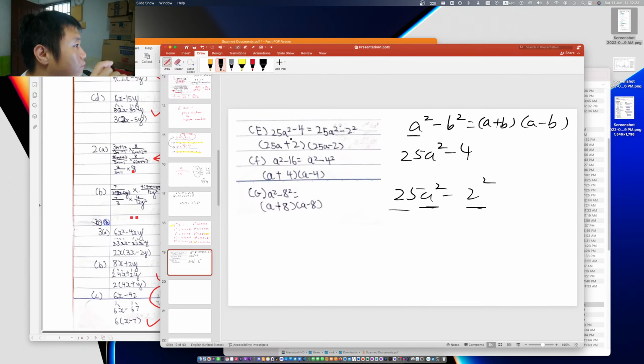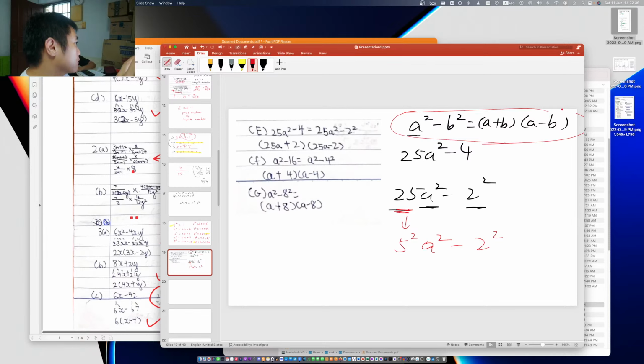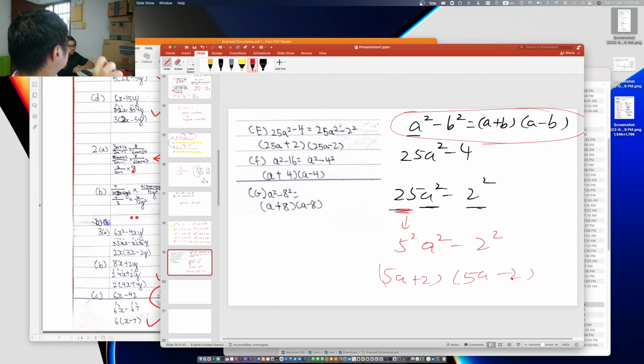So what's that? 5 times 5. Yes. So this 25 also needs to be 5 square. A square. 2 square. So everything square, then only you can make use of this. So the answer for this is 5a plus 2, 5a minus 2. Are you clear? Must be everything square. Understand? If one of them is not square, you cannot.